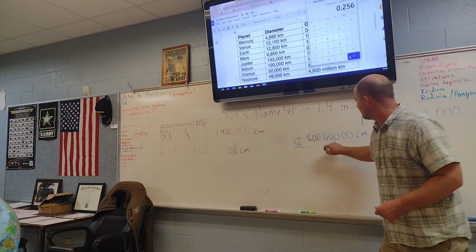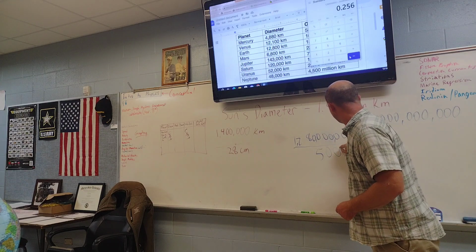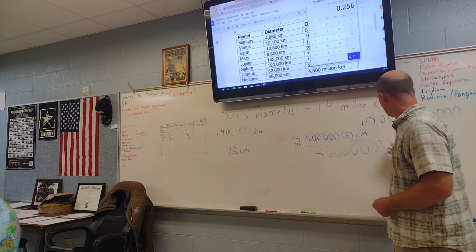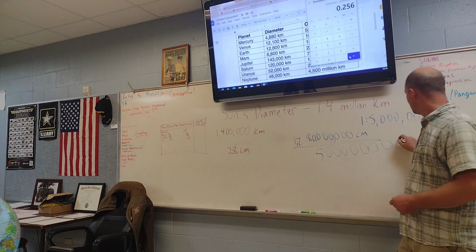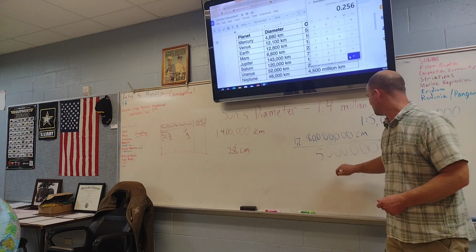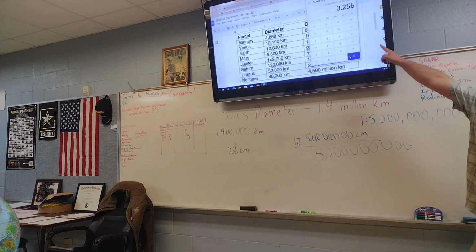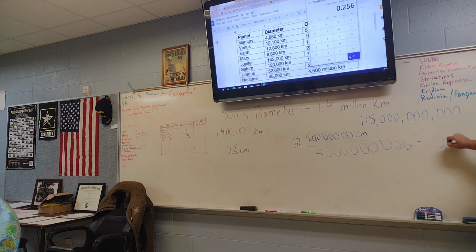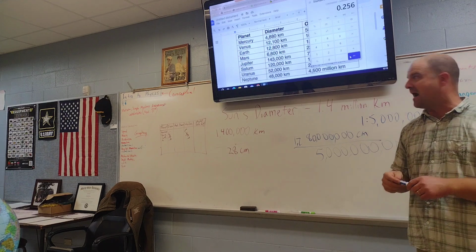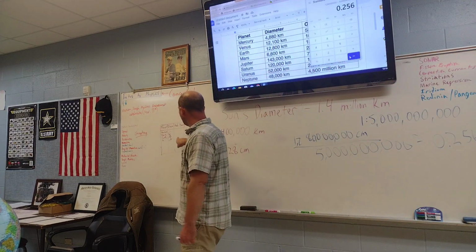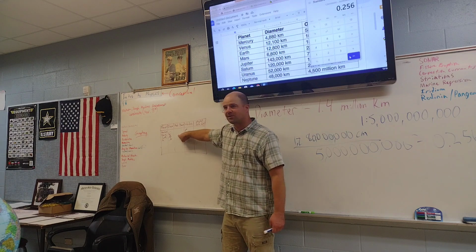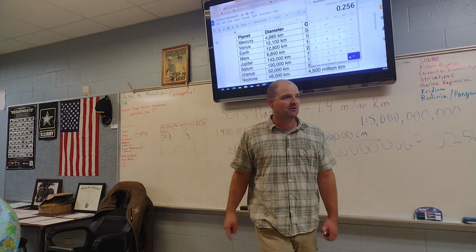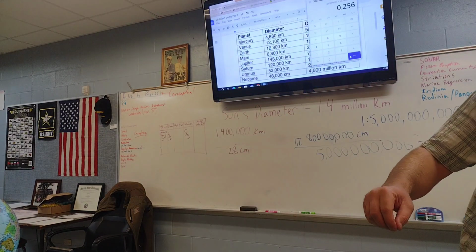Divide all that by 5 billion, 1, 2, 3, 4, 5, 6, 7, 8, 9 zeros, and I get 0.256 centimeter for Earth model. So that's the first one that's going to go here across from Earth in your model diameter in your chart.